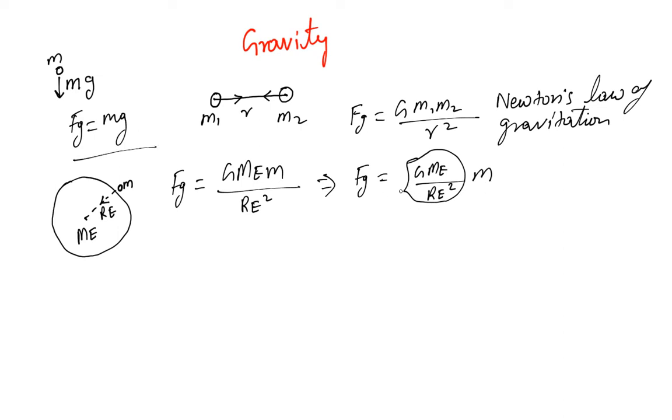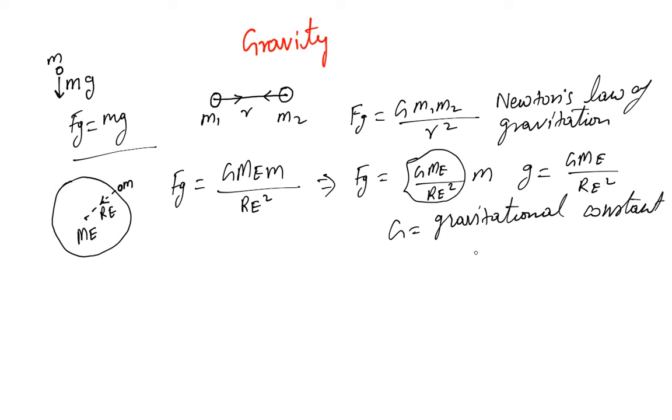And you can see these two equations are similar if we define g as G me over re squared, where capital G is called the gravitational constant, and has a value of 6.673 times 10 to the power minus 11 newton meter squared over kilogram squared as the units.